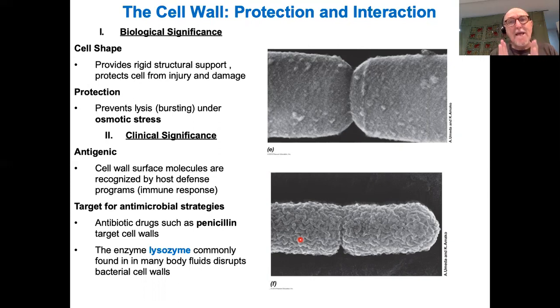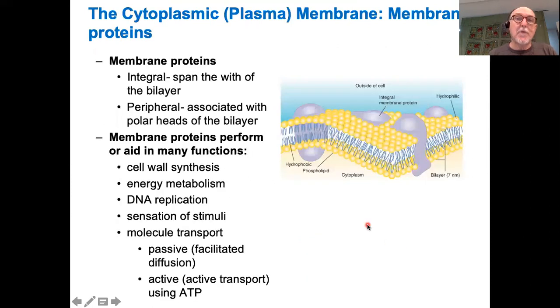But its major responsibility is to prevent the cell from bursting. So let me just go back here and tell you that water can pass across this membrane very easily. In fact, there are sets of proteins which are there specifically to allow water to pass back and forth across the cell.